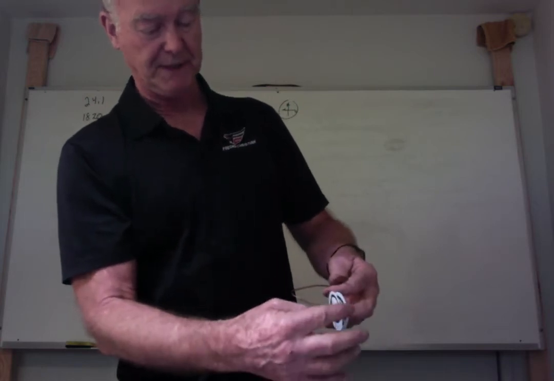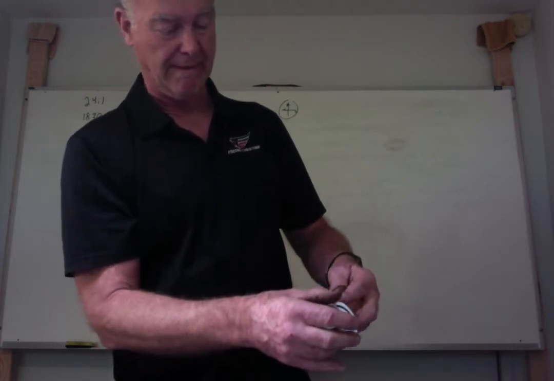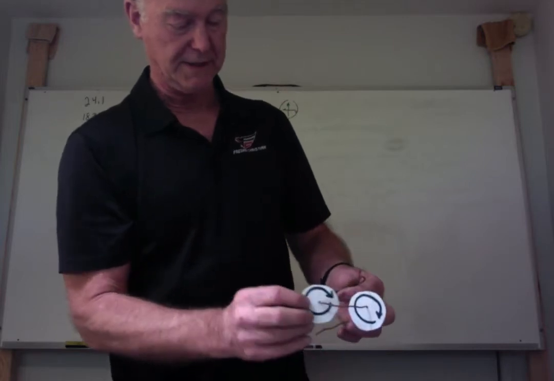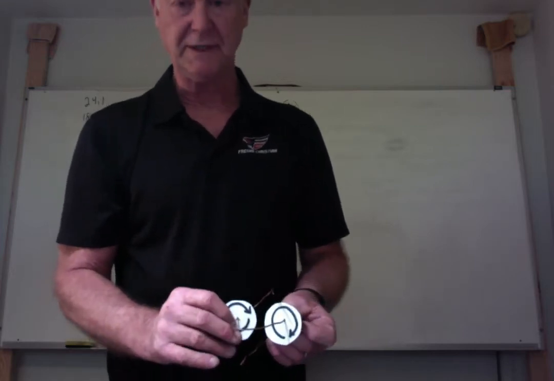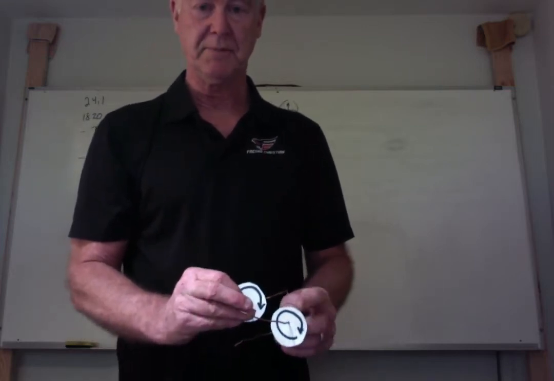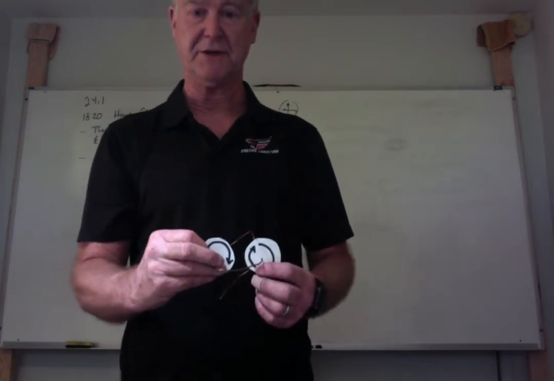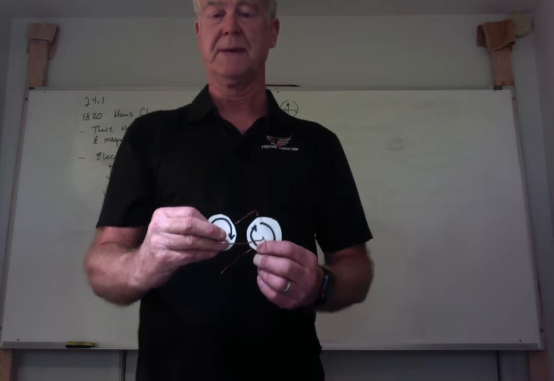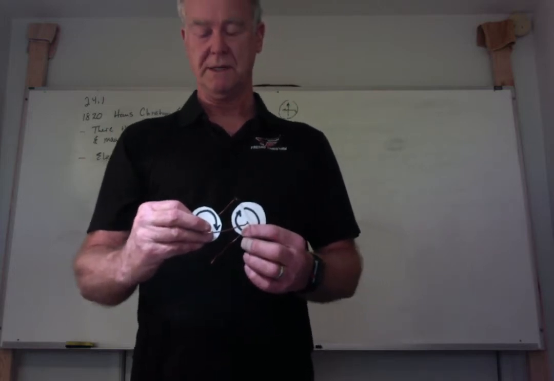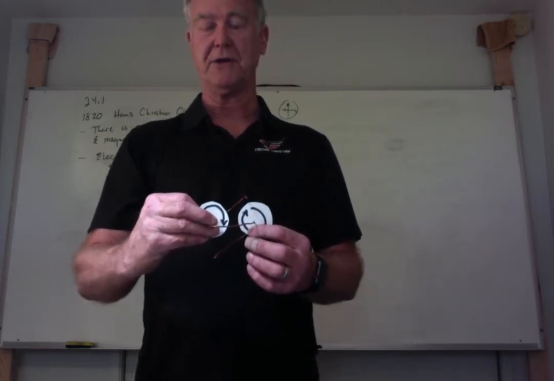But watch what happens if I move this one to the other side. I don't know if you can see that or not. It's actually fairly difficult to picture. But these two now are actually heading, the magnetic fields are in the opposite direction. Look at the one on my right, your left.